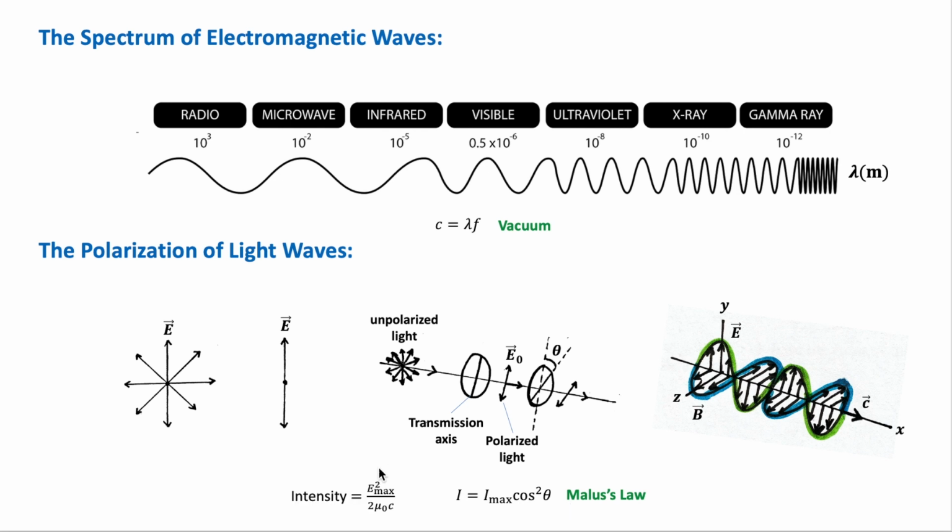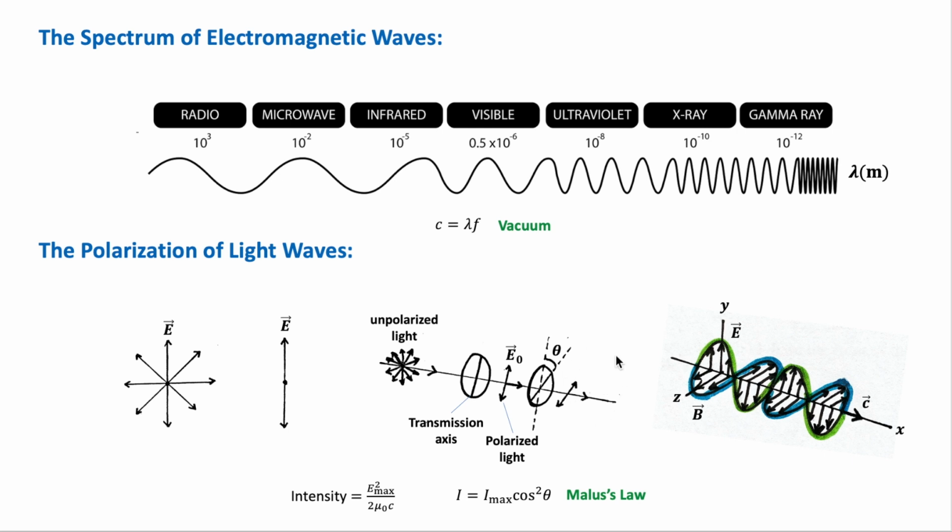So this equation, the intensity is equal to E max squared over 2 mu naught c, that we discussed in video 6 of electromagnetism, shows that the intensity varies as the square of the amplitude of the electric field. And so the transmitted intensity varies as the square of the transmitted amplitude, which is E naught squared cosine squared theta over 2 mu naught c.